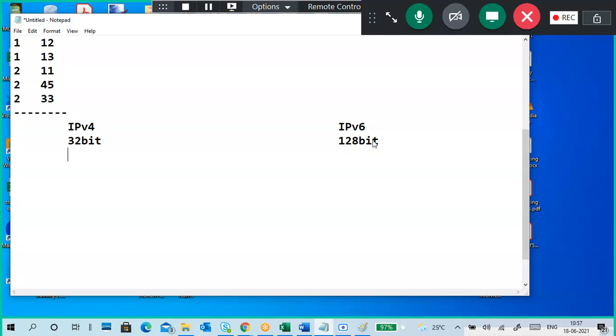So when IPv4 is 32-bit, IPv6 is not 64-bit, be careful, IPv6 is 128-bit. What is this bit? Bit is nothing but a binary number. So 32 binary numbers are there, 1010 kind of stuff, up to 32 bits.